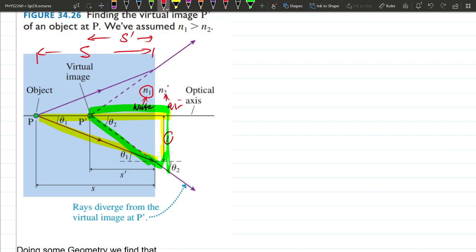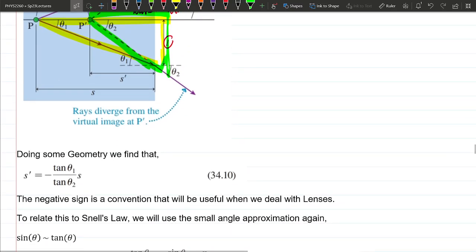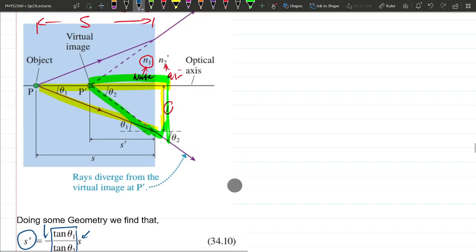The prime stands for the image, how it appears. The one without the prime is the actual value in real life. So just doing some trigonometry, since both these triangles have the same length L on this leg, the green triangle and the yellow triangle, what you can derive is that S prime is going to be equal to S, multiplied by this factor of tangent theta 1 over tangent theta 2, with a negative sign in front, because it's actually the difference between them that you're going to see.